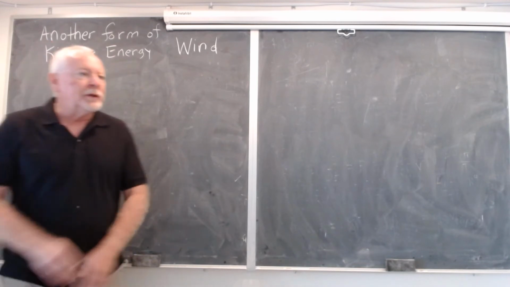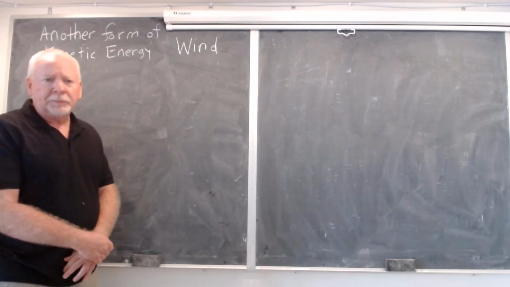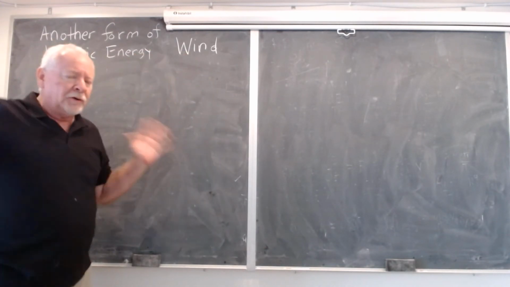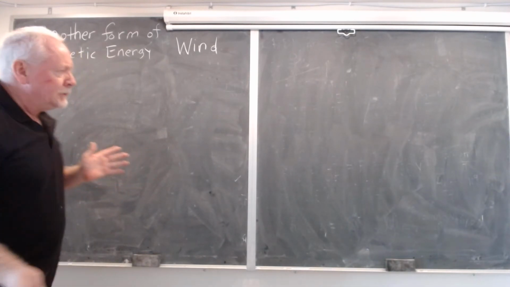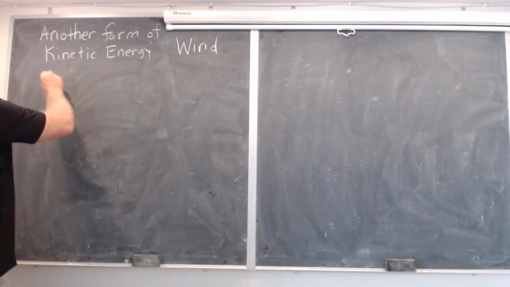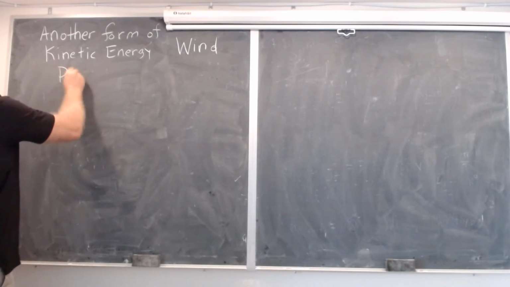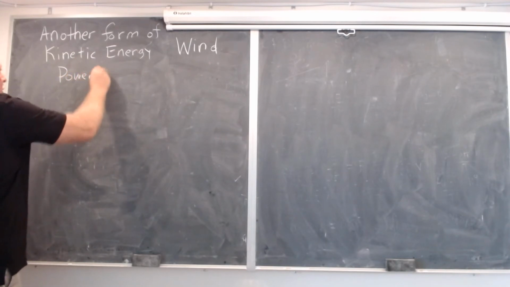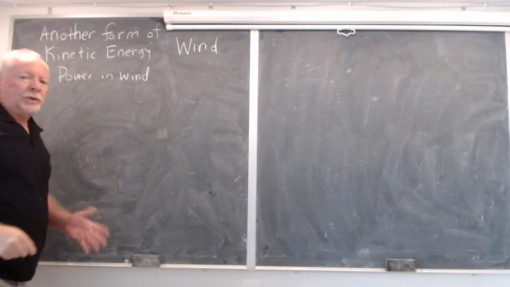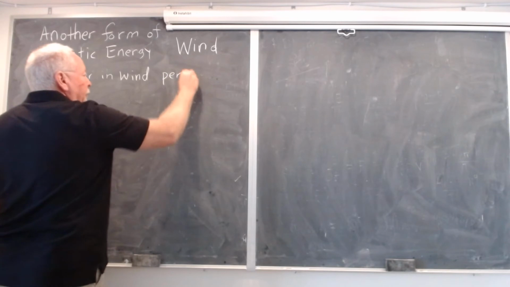But in the case of wind, it doesn't really make sense to do that, because we sort of have to define what volume of air we are talking about, and things like that. And so it's more appropriate to think of wind in terms of the power in wind, and not just the power in the wind, but the power per unit area.